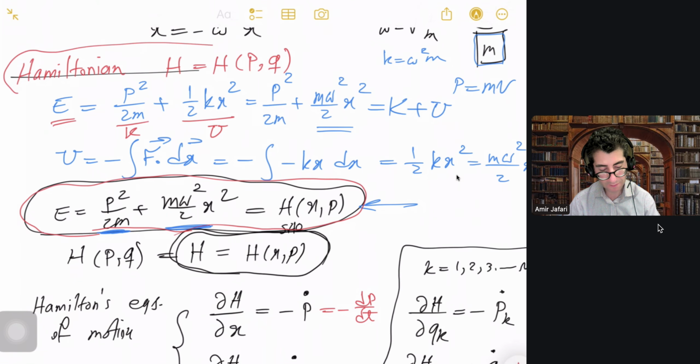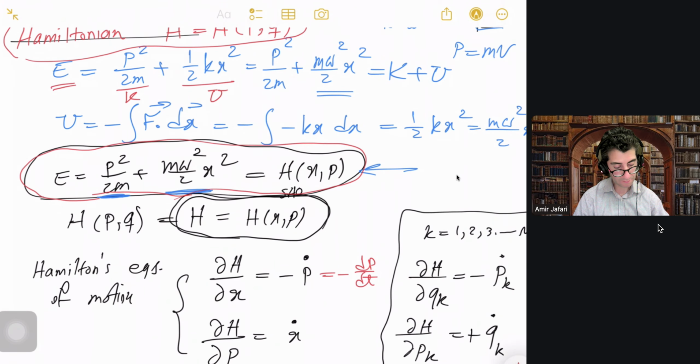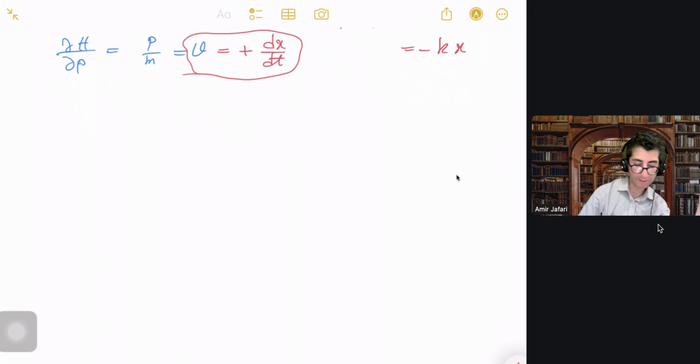So this function and these equations are the central concepts in Hamiltonian mechanics.